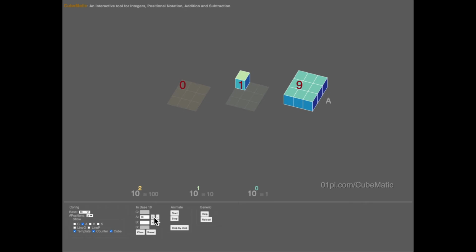So I'll increase from 9 to 10, and suddenly this becomes 0, and all those 10 cubes are moving to the first layer from the 0th layer. So this is how we read it. 0 times 1, which is 0, plus 2 times 10, which is 20. So that's a little bit complicated, so let's make it easier.